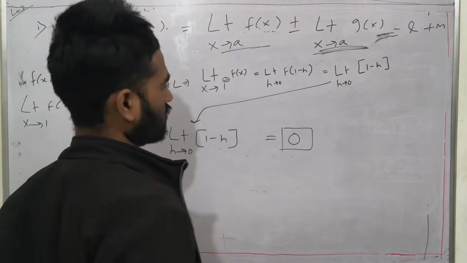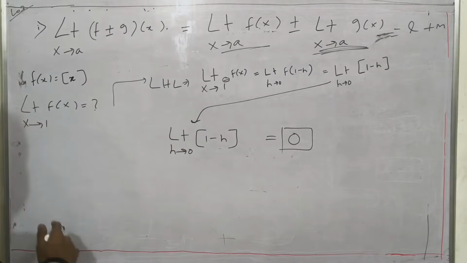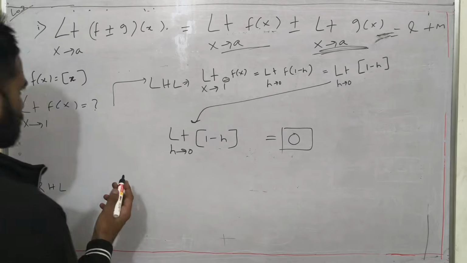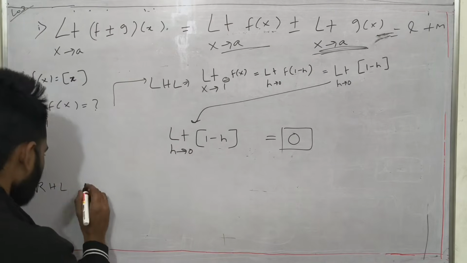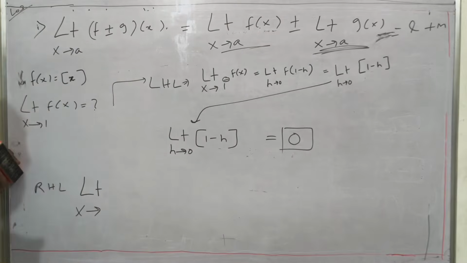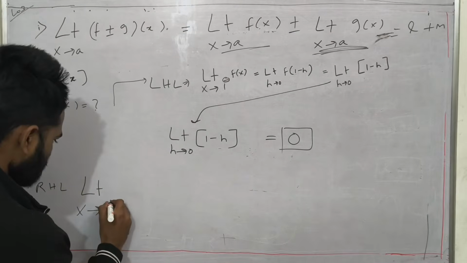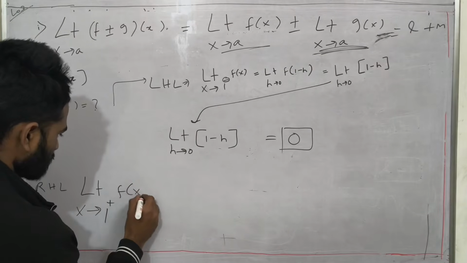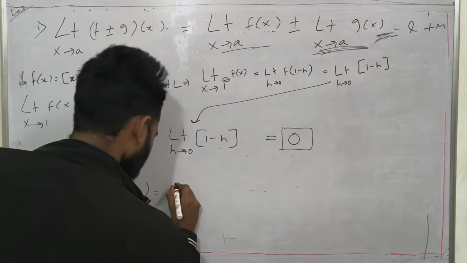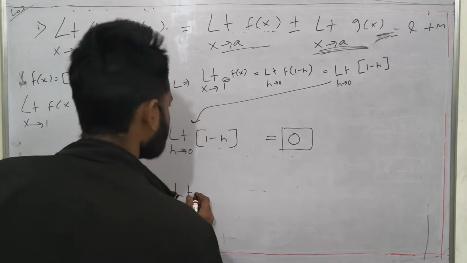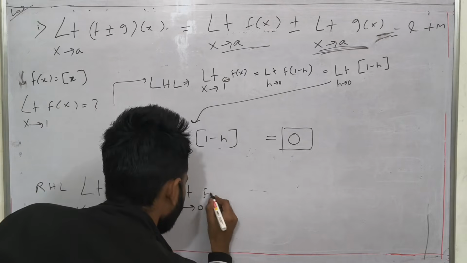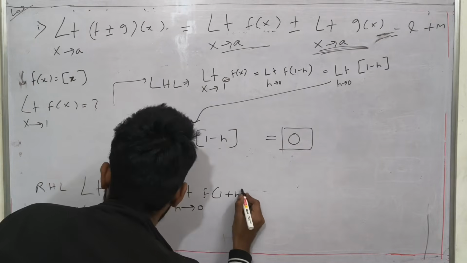Left hand limit we got 0. Similarly we can find the right hand limit. Right hand limit is limit x tends to 1 plus f of x, equals limit h tends to 0 f of 1 plus h.